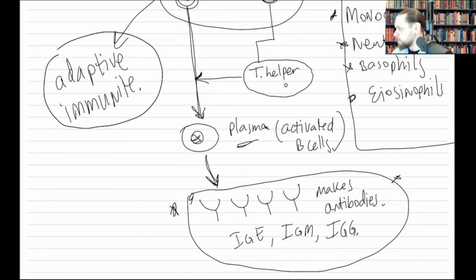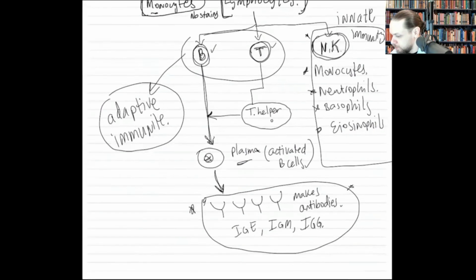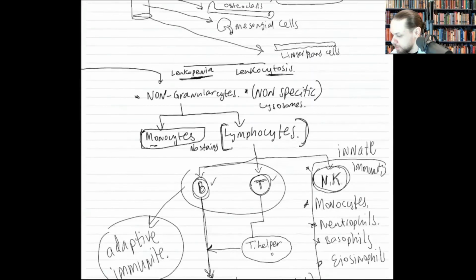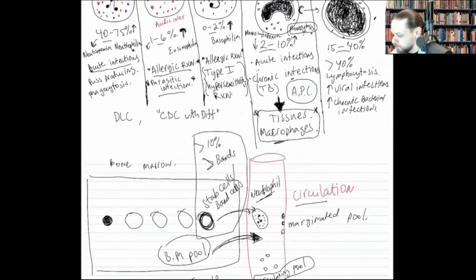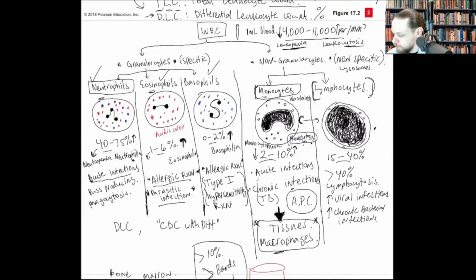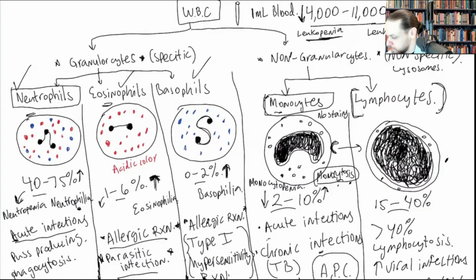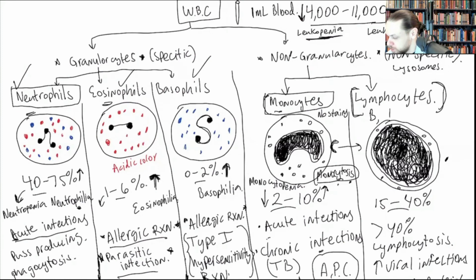into these components. Let me make sure I have everything here. Yeah, I think I subdivided all of these. So lymphocytes, based on this chart, we said were the B lymphocytes, the T lymphocytes, and natural killer cells.